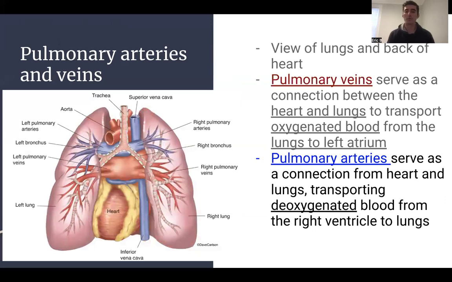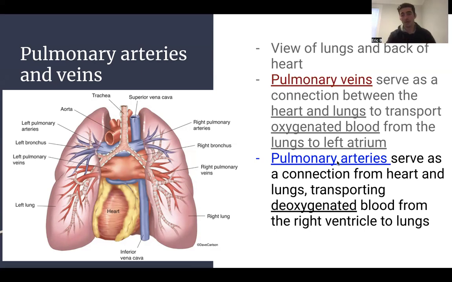Now we have the pulmonary arteries and the pulmonary veins. These act as a connection, or cross bridge, between the lungs and the heart. The pulmonary veins help bring oxygenated blood back from the lungs to the left atria. After the blood goes from the right atria to the right ventricle, it is pumped into the pulmonary trunk and then distributed through the pulmonary arteries.